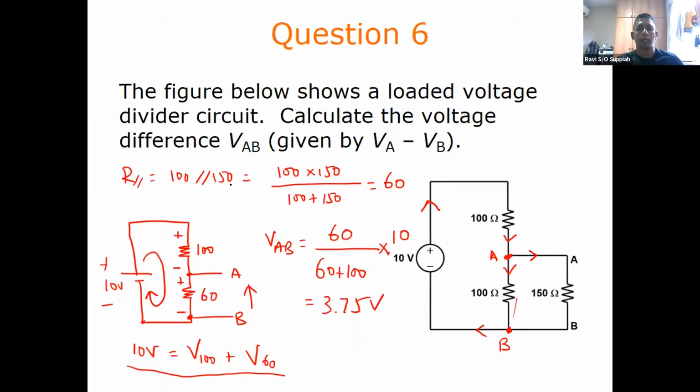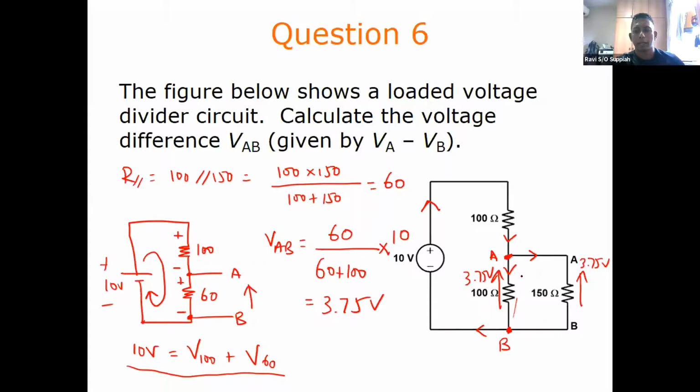So you can calculate VAB in different ways. Here I'm using the voltage divider principle. So 3.75 volts appears here, which is the same 3.75 volt that will also appear across this resistor because they are both connected in parallel.